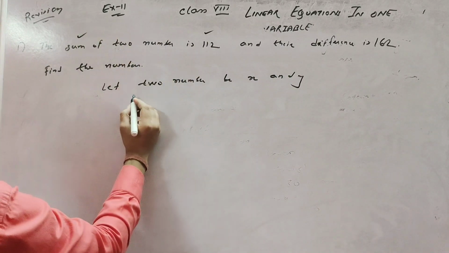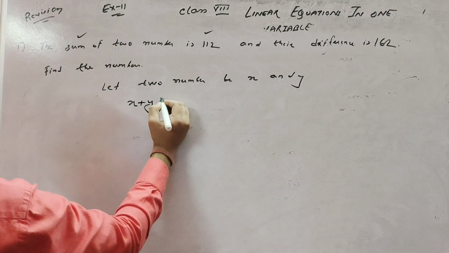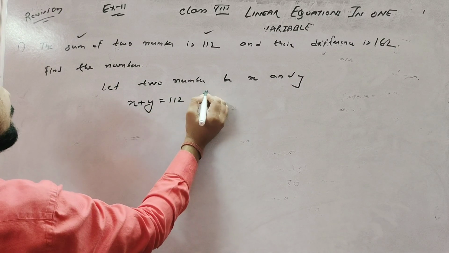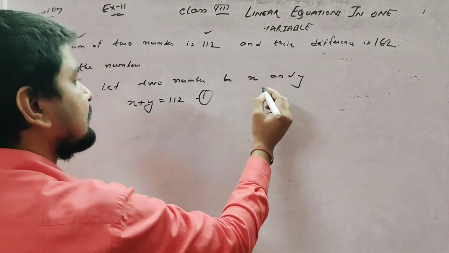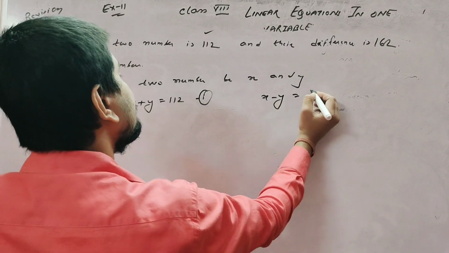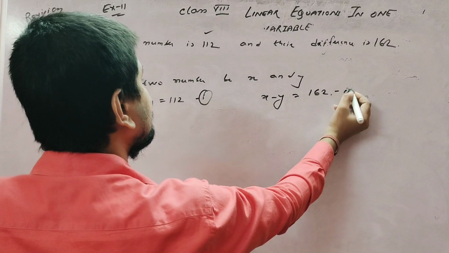So sum means add, that is x plus y equals 112. This is our equation 1, and the difference: x minus y equals 162. This is our equation 2.